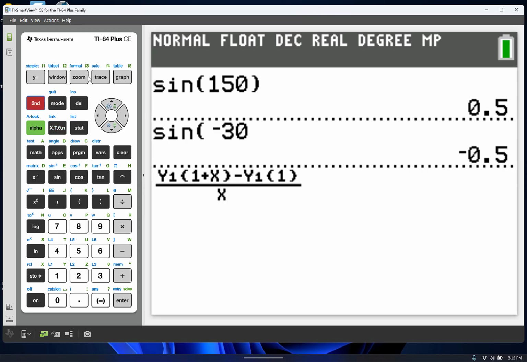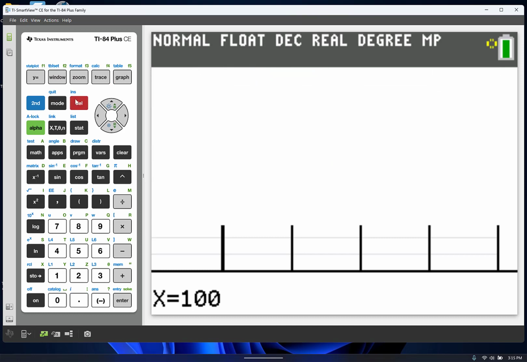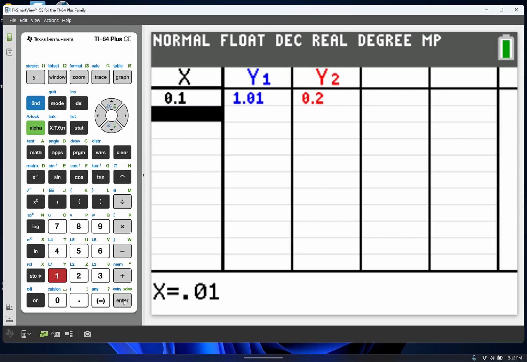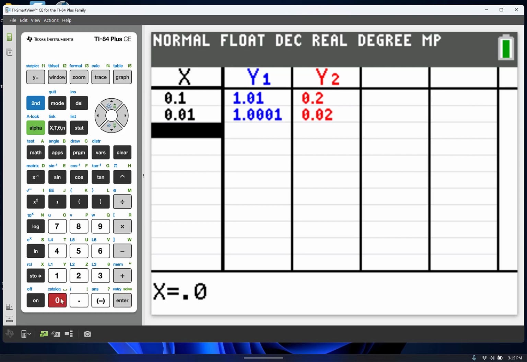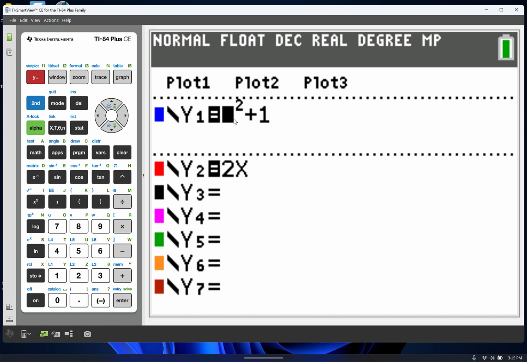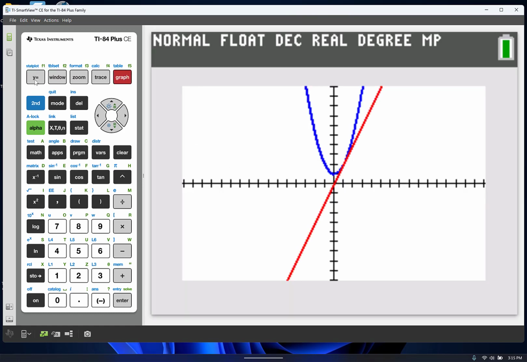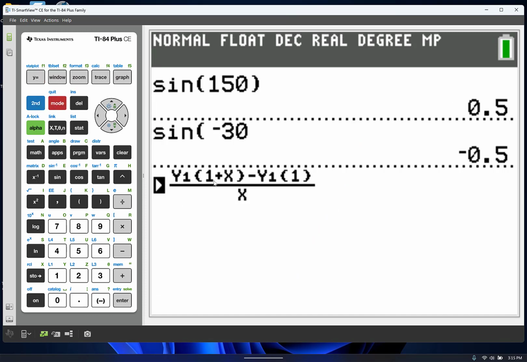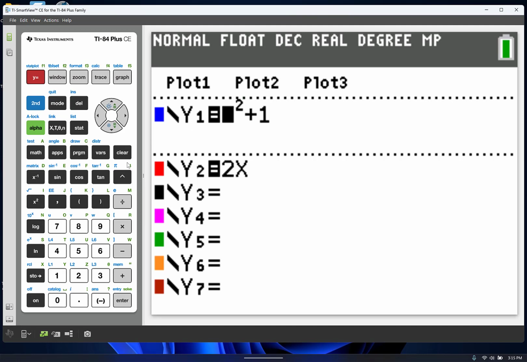So I'm going to go second table, and let me delete. Check it out. I could have gone 0.1, 0.01, 0.001. Hey, how come I'm not getting 2? Oh, I plotted this in here instead of in the Y. Dang it.